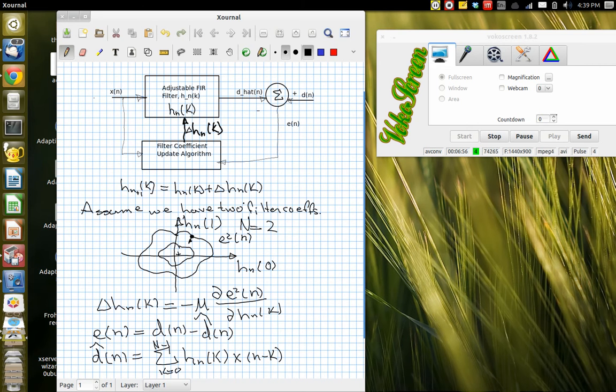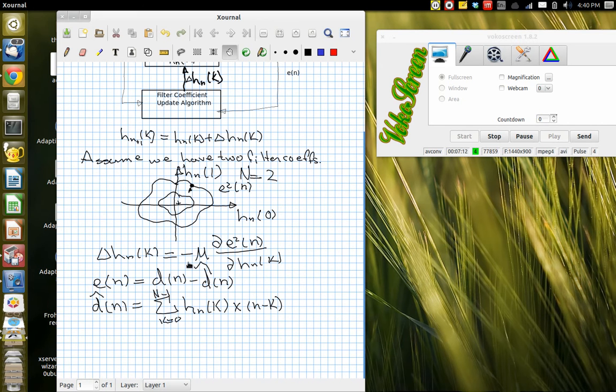It's going to be k equals 0 to n minus 1. In general, in our case, n equals 2. And then we'll have h sub n of k times x of n minus k. And if you notice, d of n here doesn't depend on d hat.